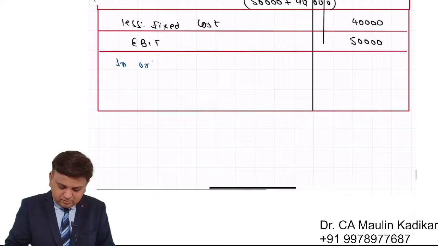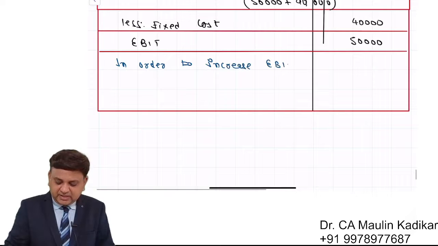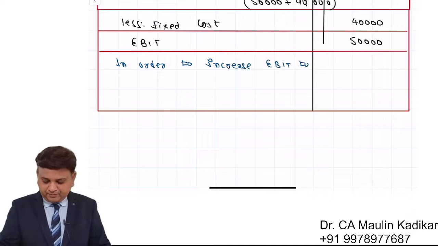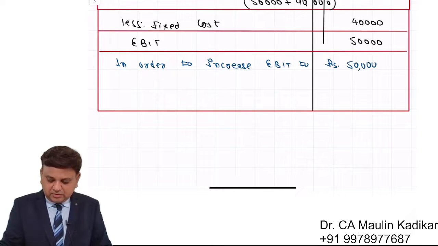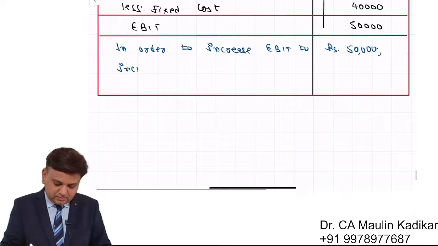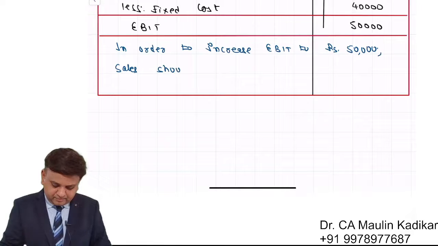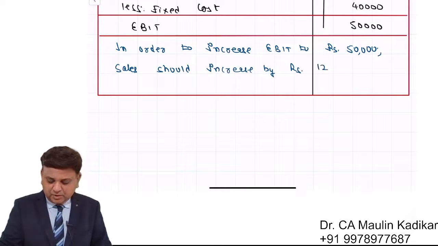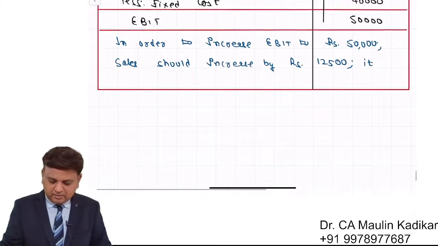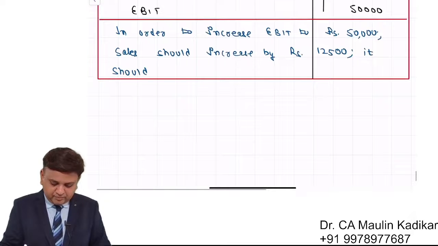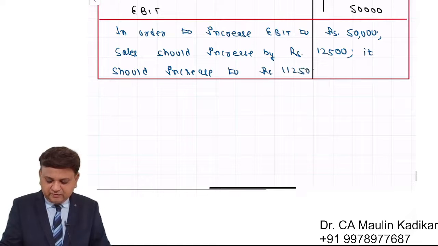In order to increase EBIT to rupees 50,000, sales should increase by rupees 12,500, it should increase to rupees 1,12,500.